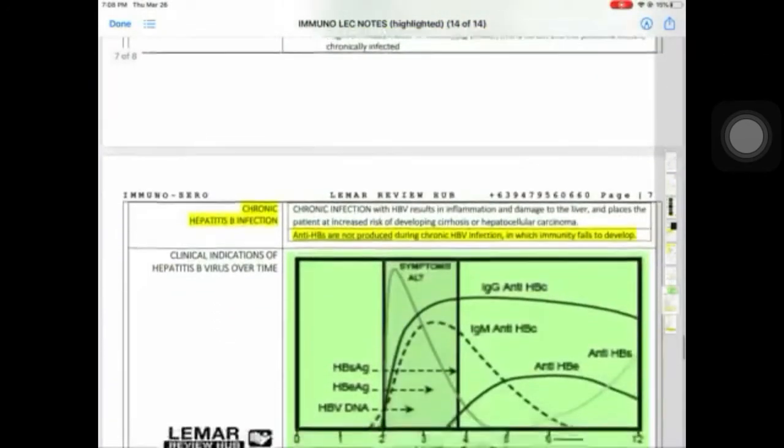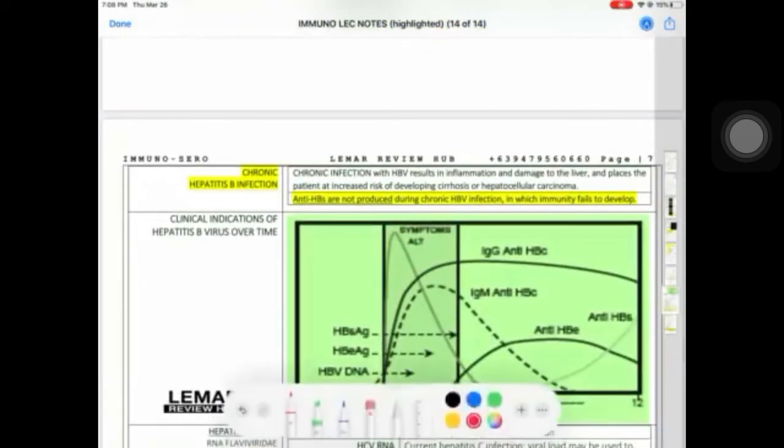Another, chronic Hep B virus infection. In chronic Hep B virus infection, dito po yung patient mo may IgG anti-Hep B core antibody, pero hindi po siya nagpo-produce ng anti-HBs.